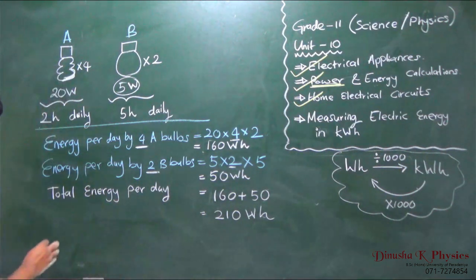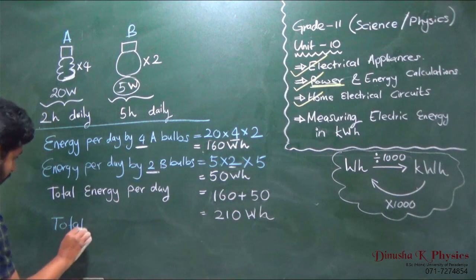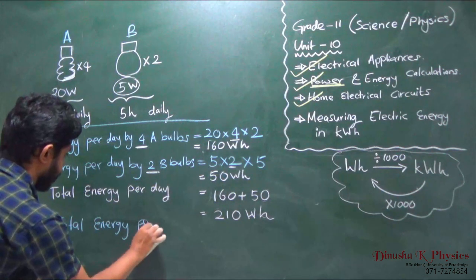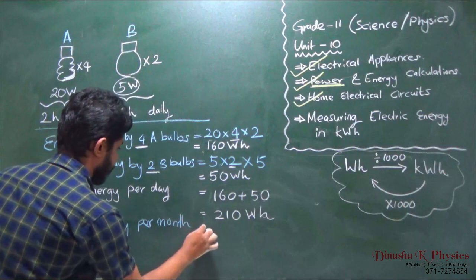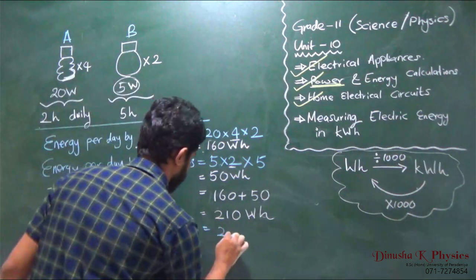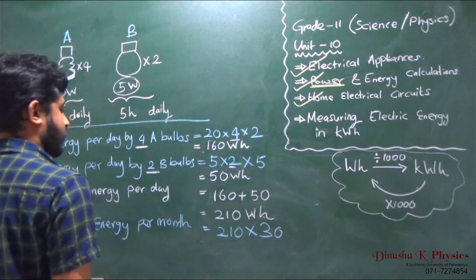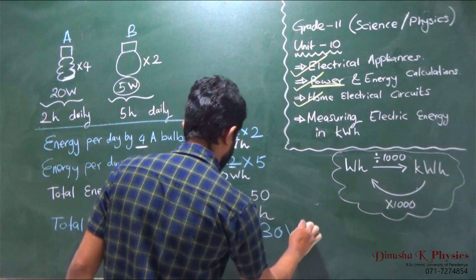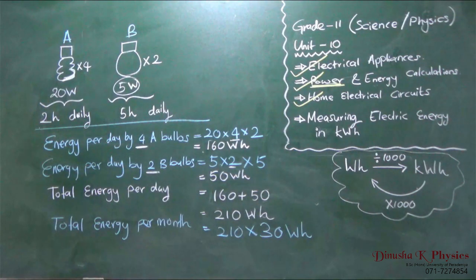So let's calculate the total energy per month. මාසෙට නම් මොකද කරන්න ඕන? We have to multiply this value by 30. So this will be the total watt hours within a month.